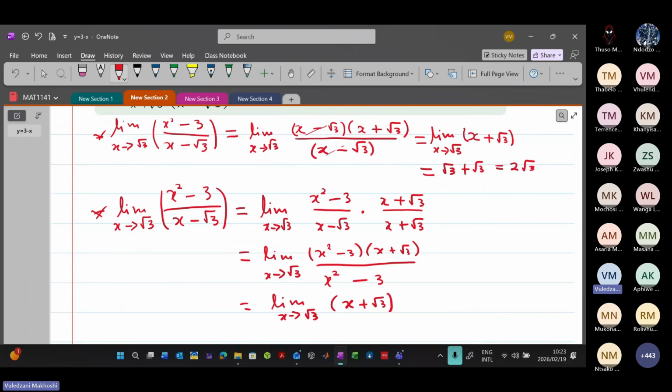Now square root of 3 is in the domain of our new function g of x, and we end up with square root of 3 plus square root of 3, which is 2 square root of 3, like that. So you can either factorize, or you multiply by 1, but this 1 is guided by what we have here. So we say we are rationalizing the denominator.